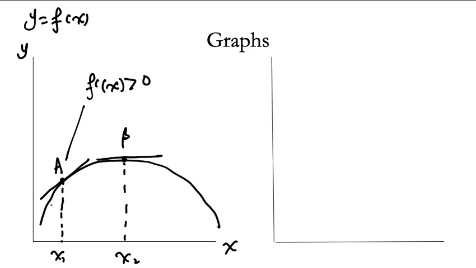Because you can see from this side, the curve is upsloping. But as we move to point B, okay, the slope becomes flatter, isn't it? Now, for this kind of curve, you can see the shape here is what we call strictly concave.